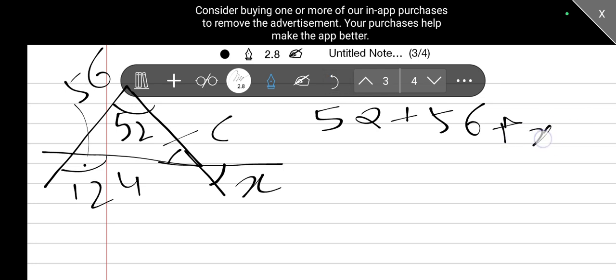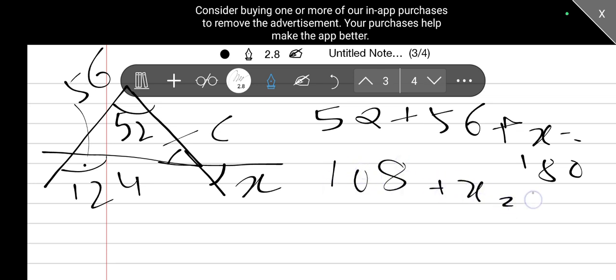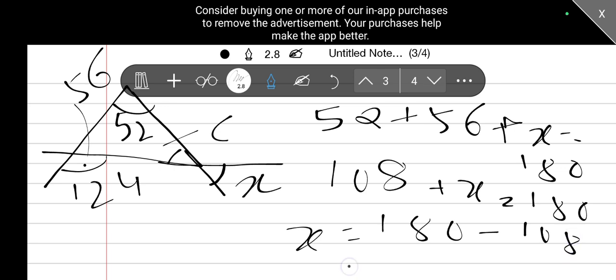Plus x is equal to 180 degrees. Now 52 plus 56 will give you 108, plus x is equal to 180 degrees. Fine. So x is equal to 180 minus 108, that will give you 72.